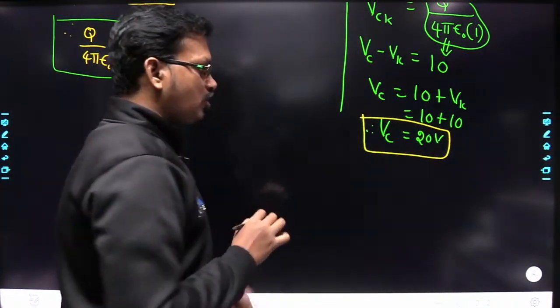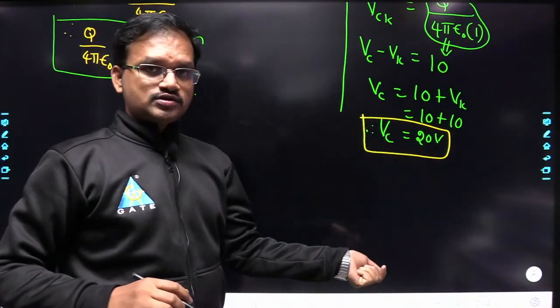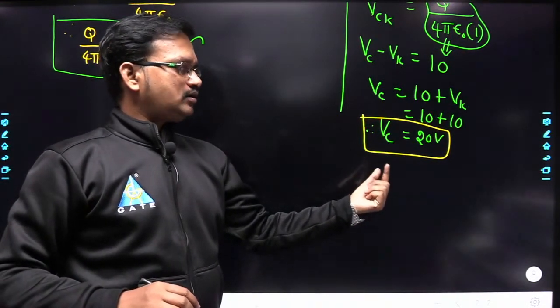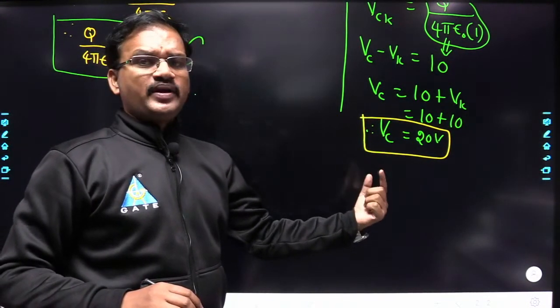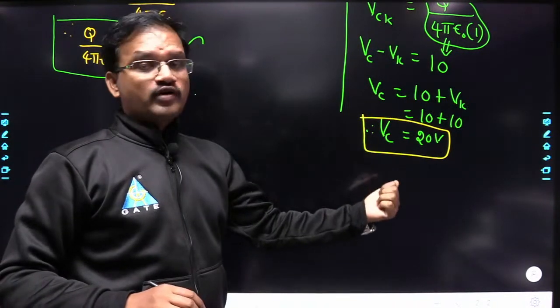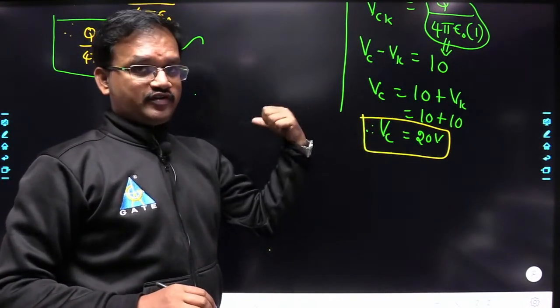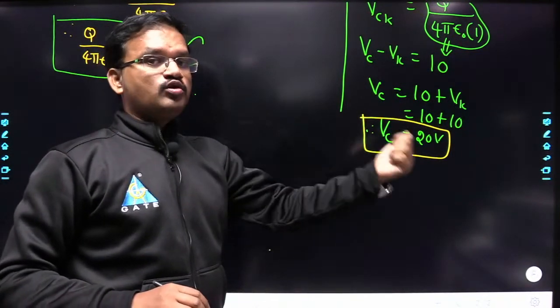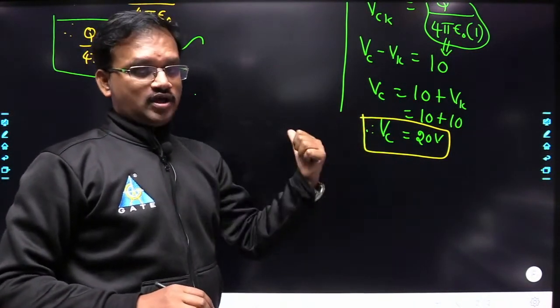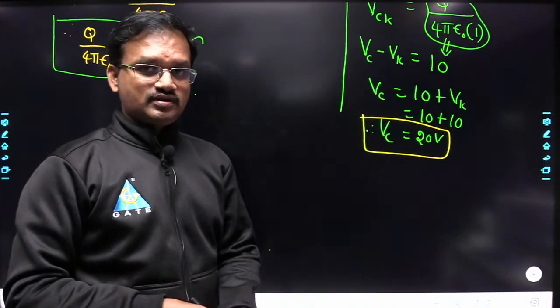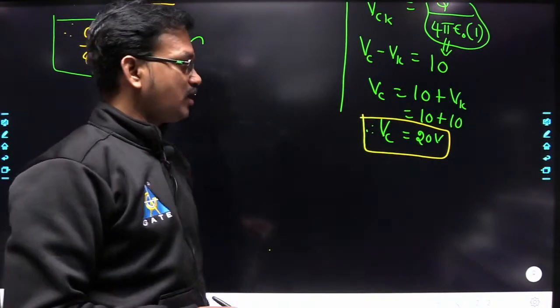Okay, so what do you mean by potential at C is equal to 20 volts? That means there is an increment of 10 volts as you move from reference point K to reference point C. You have gained a potential of 10 volts. Yes or no? Understood?